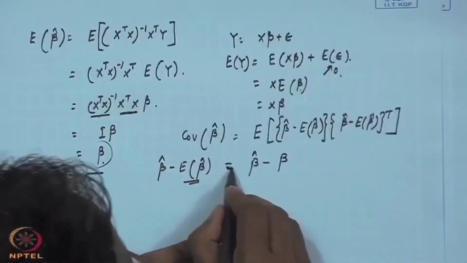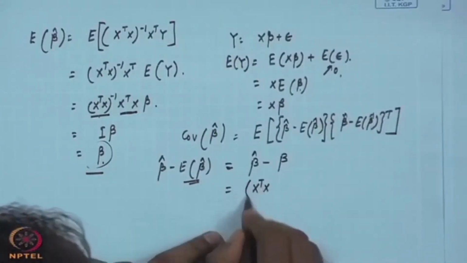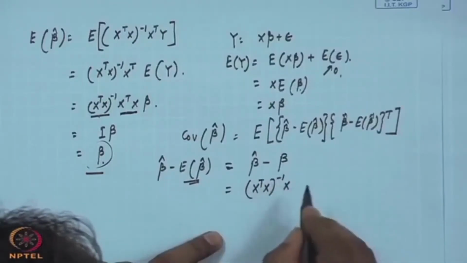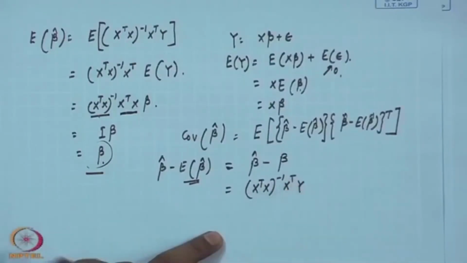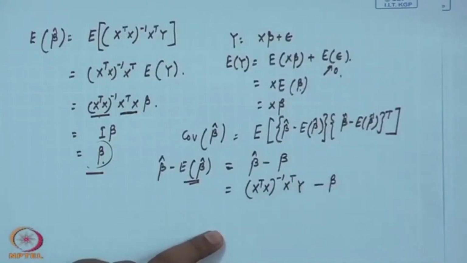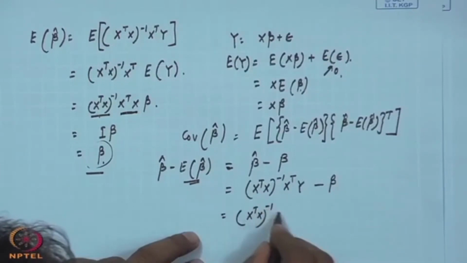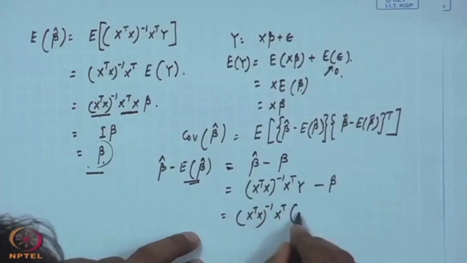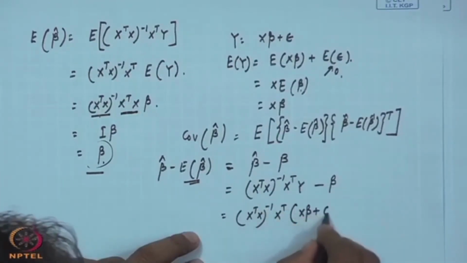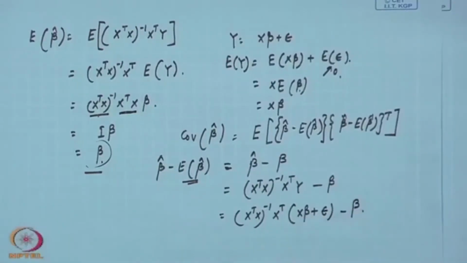So beta cap is x transpose x inverse x transpose y minus beta. Then you put here x transpose x inverse x transpose y is x beta plus epsilon, minus beta.